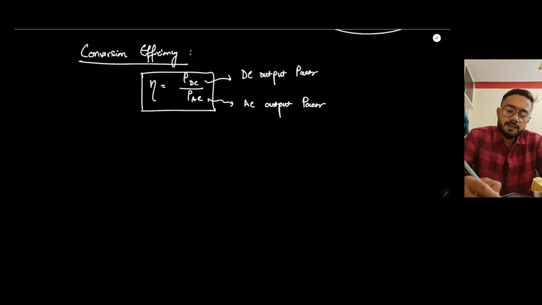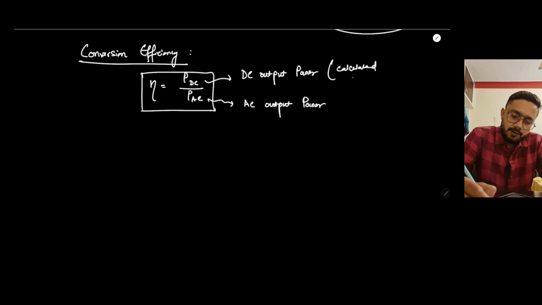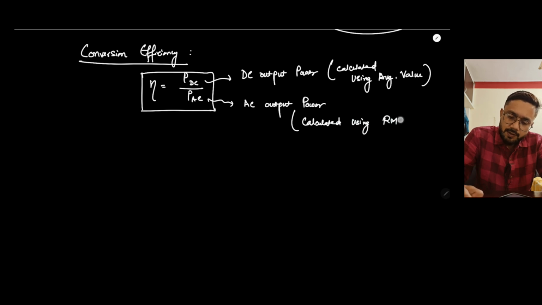Okay, and the DC output power is calculated using the average value of current. This AC output power is calculated using the RMS value.